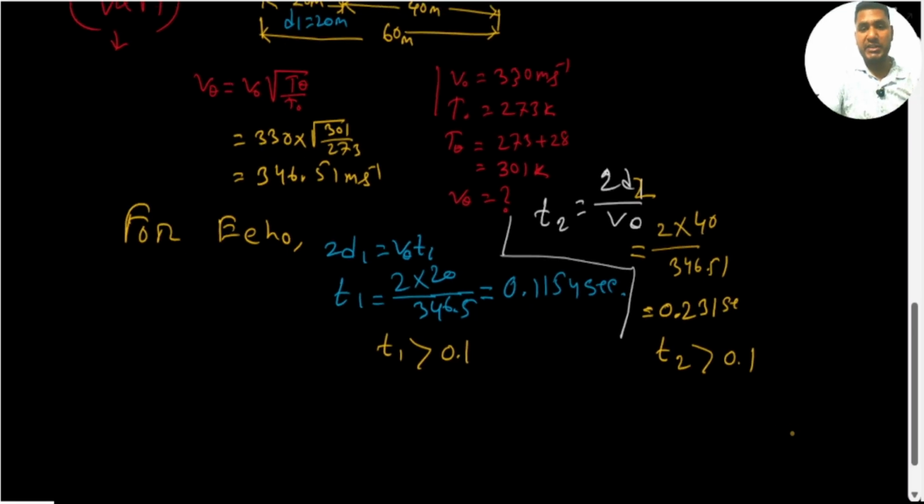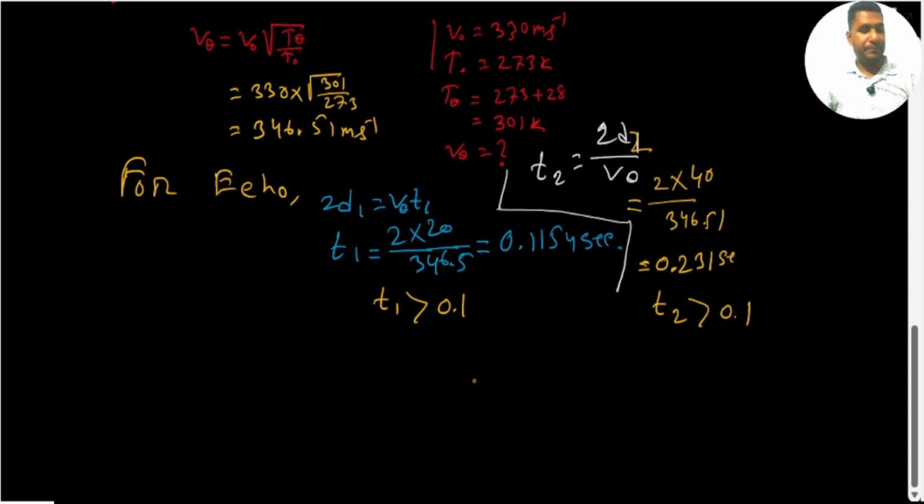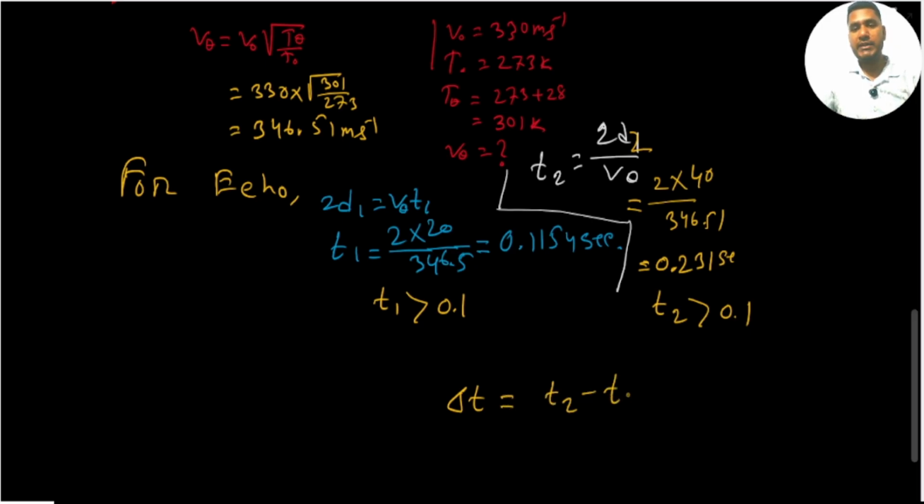There is another thing we have to calculate: the time interval between these two echoes. Delta t will be T2 minus T1. T2 is 0.231 and T1 is 0.1154.